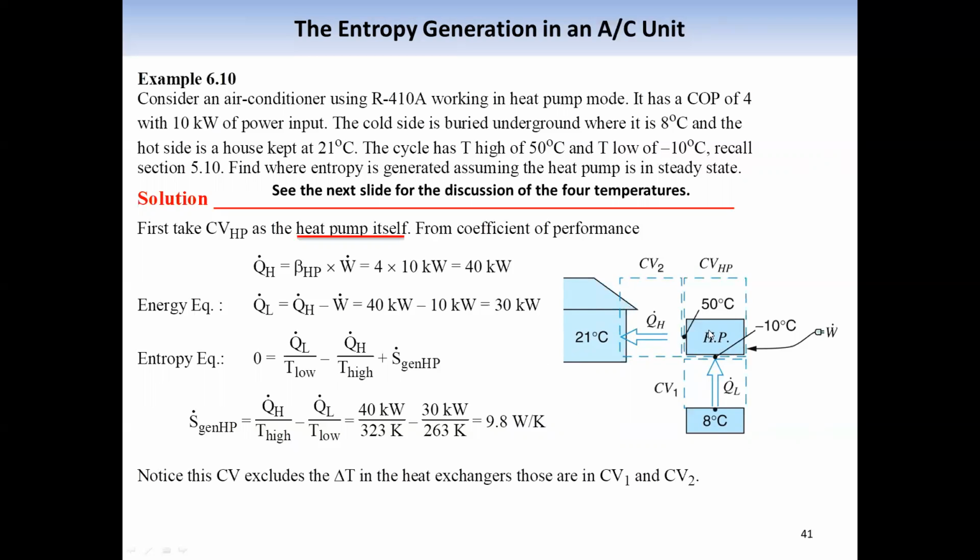The heat pump withdraws heat at 8 degrees C from underground and delivers it to a house, which we consider a high temperature reservoir at 21 degrees C. In the first part of our analysis, we consider three independent control volumes.